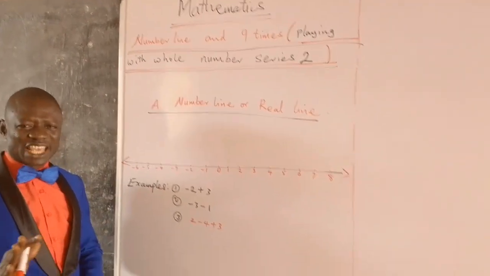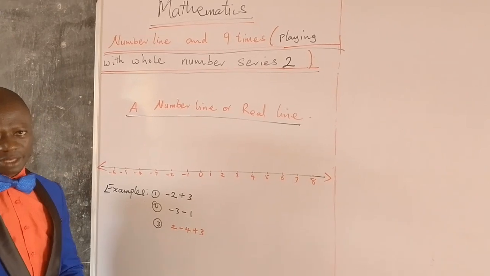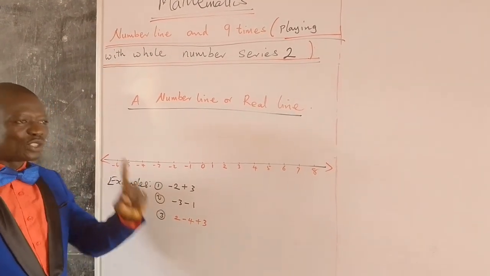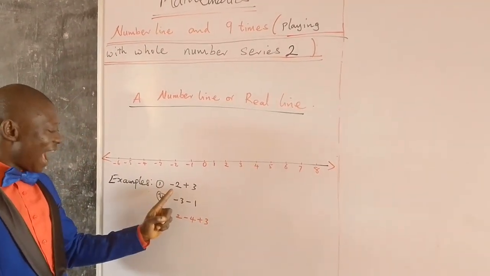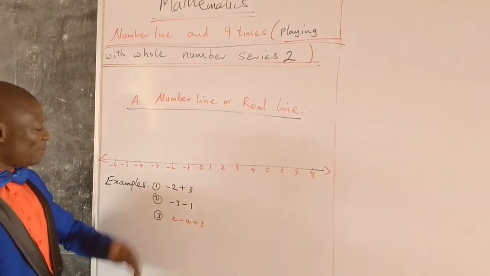This is not a question of multiplying or dividing. We are only asked to find the value of minus 2 and plus 3. How can we play with this?